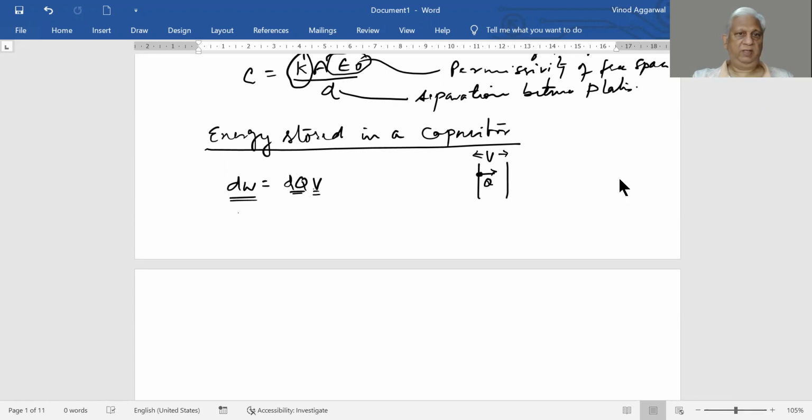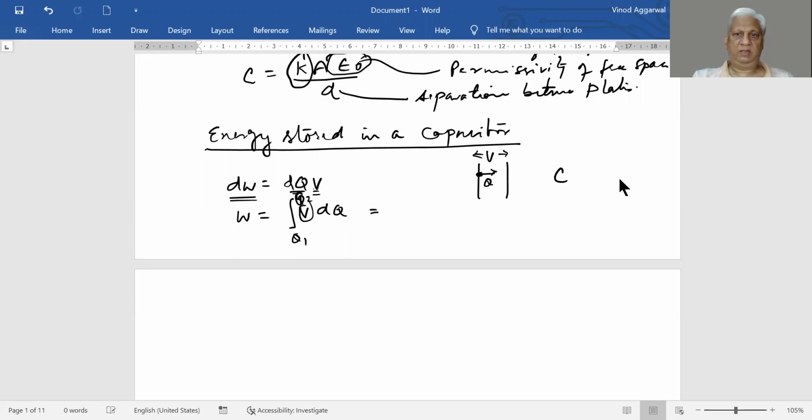And if we want to find total work done, then this will be V dQ integrating over total Q. It may go from Q1 to Q2. This is equal to what? What is voltage equal to?